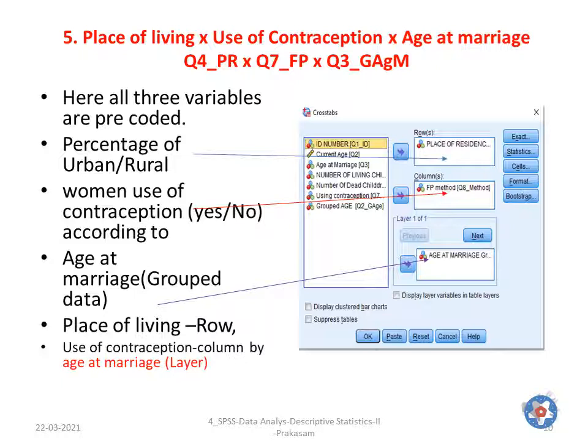The place of living, urban, is given in the row, the use of contraception, yes or no, is given in the column, and age at marriage, which is grouped data, will be given as the layer using the cross tab. From that cross tab we will get an idea of the percentages we can calculate here.